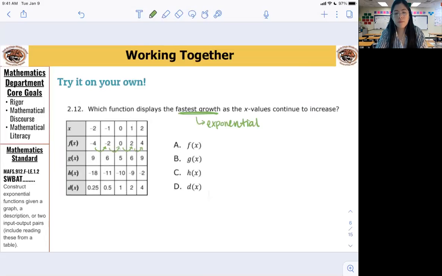Add 2. Add 2, yeah. So for this one, it's +2. Now do the same thing with g of x and h of x, and then d of x. And just start thinking about what the pattern is, and we'll go through it together.